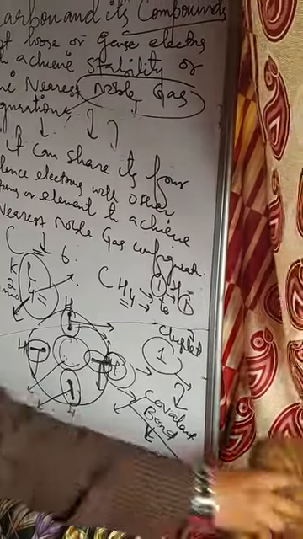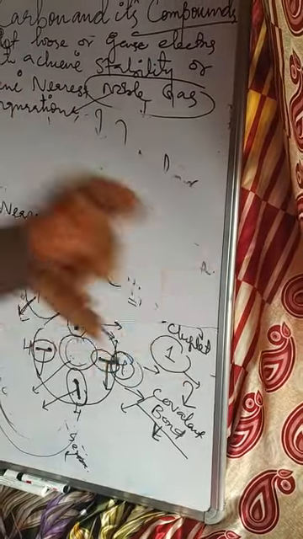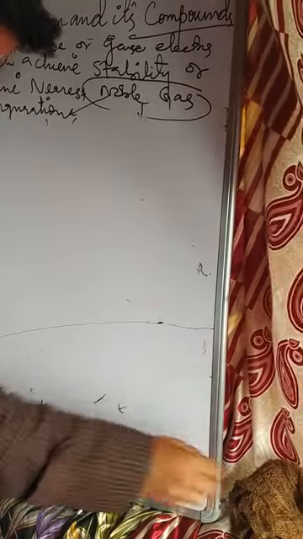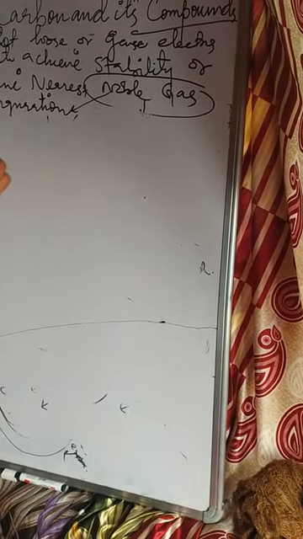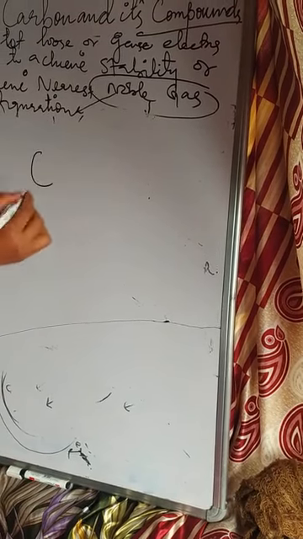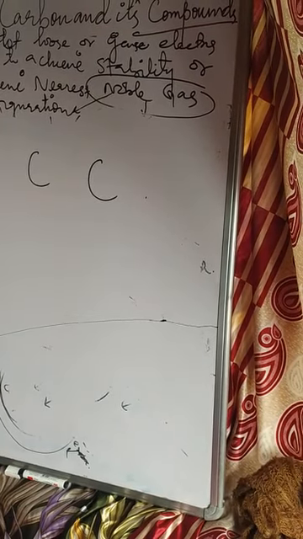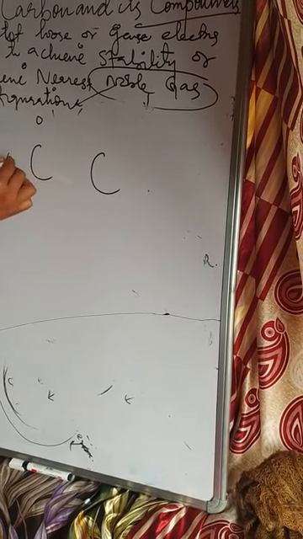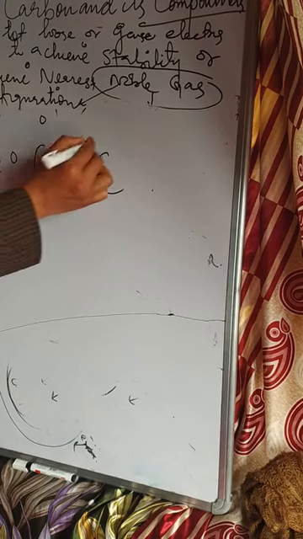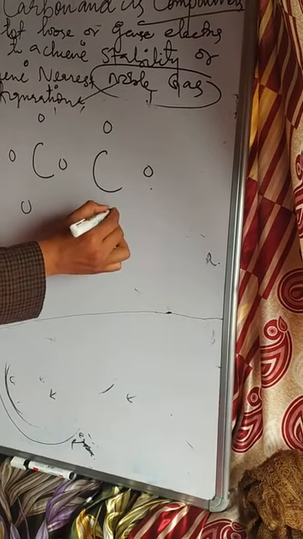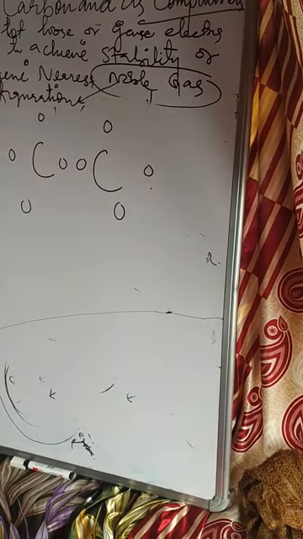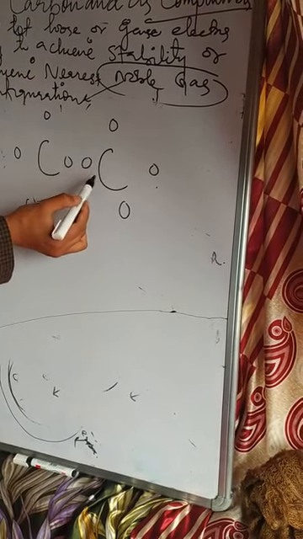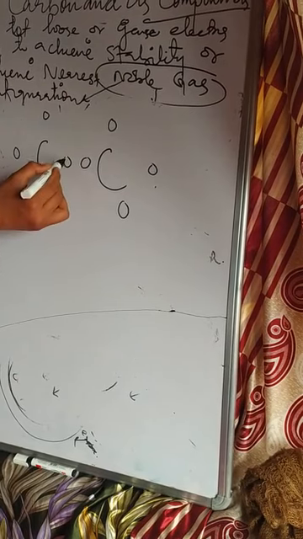Let me quote one more example. This is carbon. If it bonds with another carbon, this carbon has 4 valence electrons, and so does the other. I told you that carbon always forms bonds with other carbons as well by sharing of electrons.